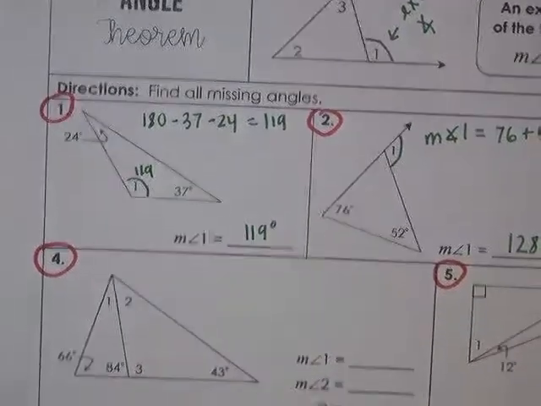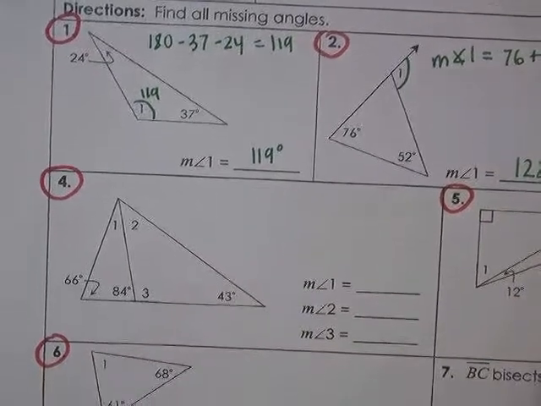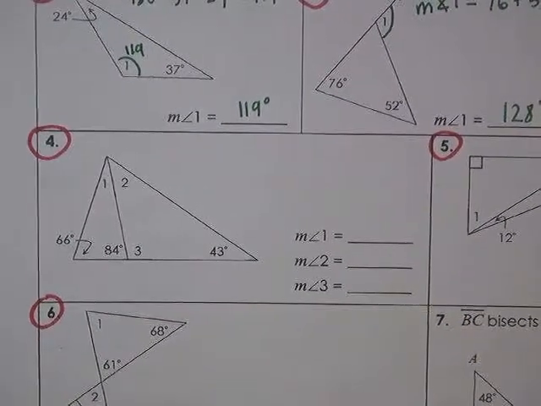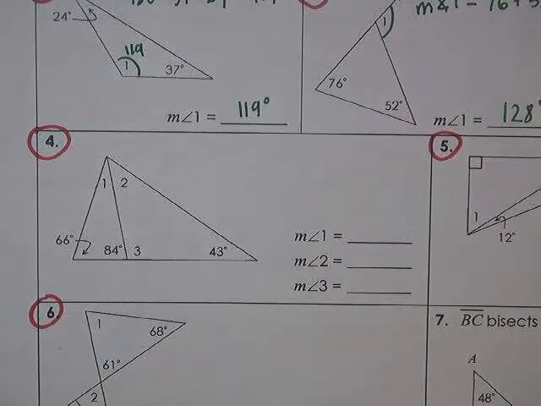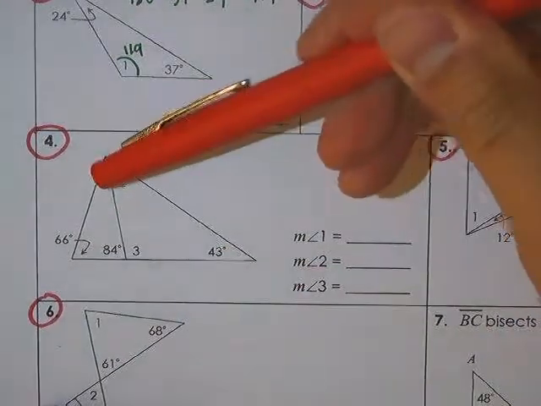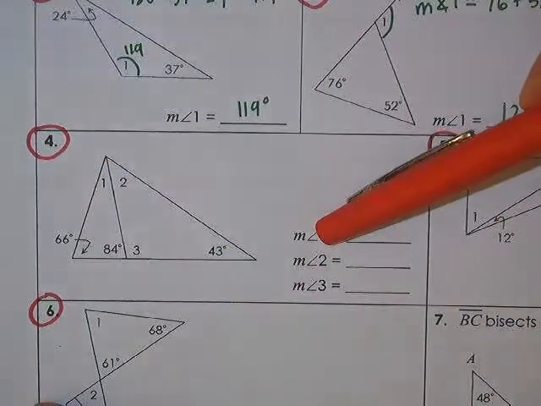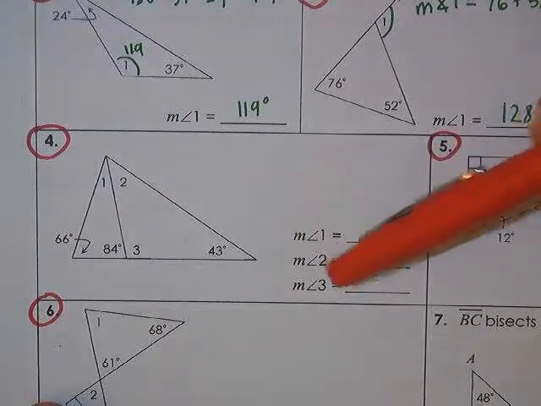Okay. So for number 4, we've got a slightly more complicated one, but it's not bad. If you have a pen or a highlighter, that might help you out. For number 4, I'm tasked with finding the measurements for angles 1, 2, and 3.